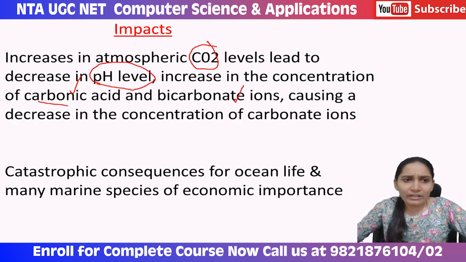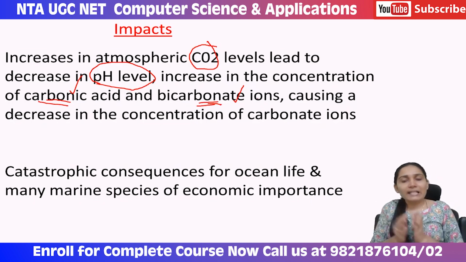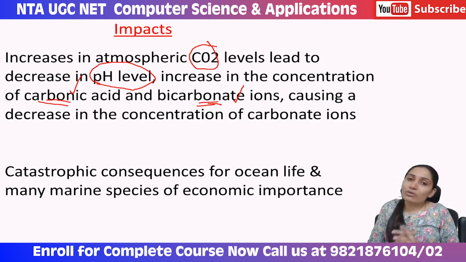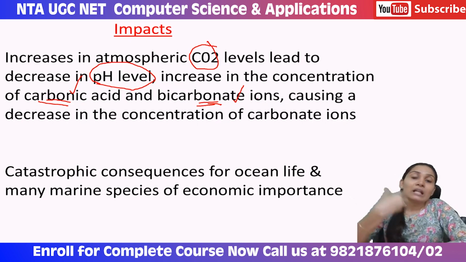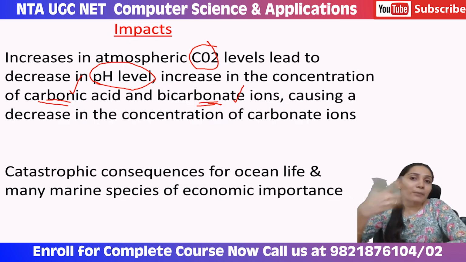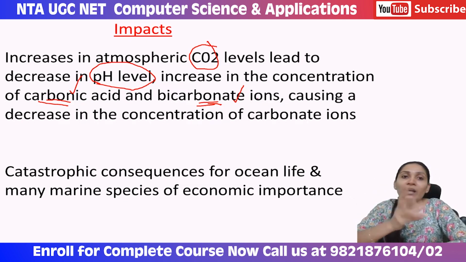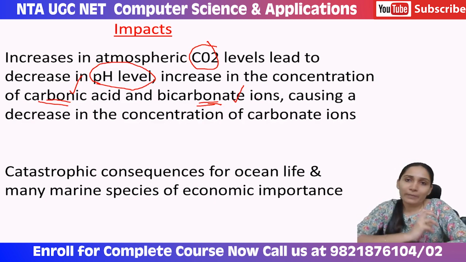So all these things are very important because this is how the questions are framed. So how does ocean acidification happen? We said the direct and the most important cause of ocean acidification is the high uptake of carbon compounds or CO2 from the atmosphere by these marine resources or by the ocean.